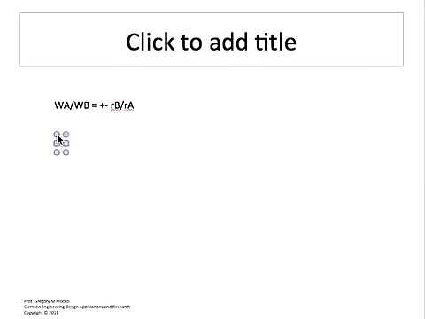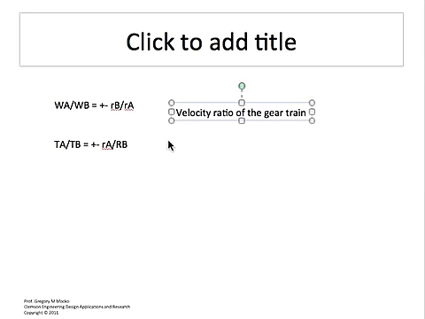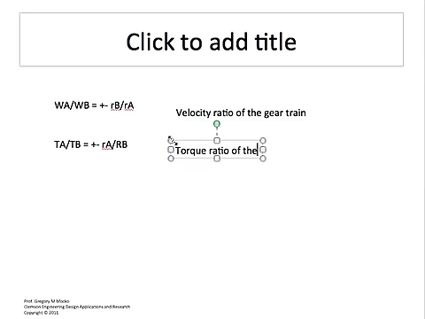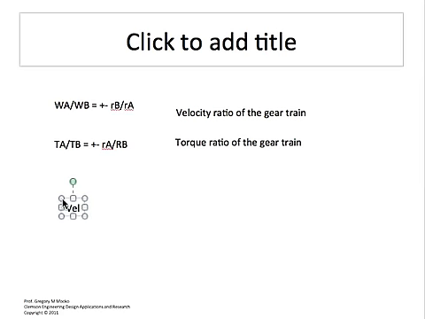And similarly, we have torque A divided by torque B is equal to plus or minus RA divided by RB. This is known as the velocity ratio of the gear train, and this is known as the torque ratio of the gear train. If you look at these two expressions, the thing that you'll realize is the velocity ratio is the inverse of the torque ratio.